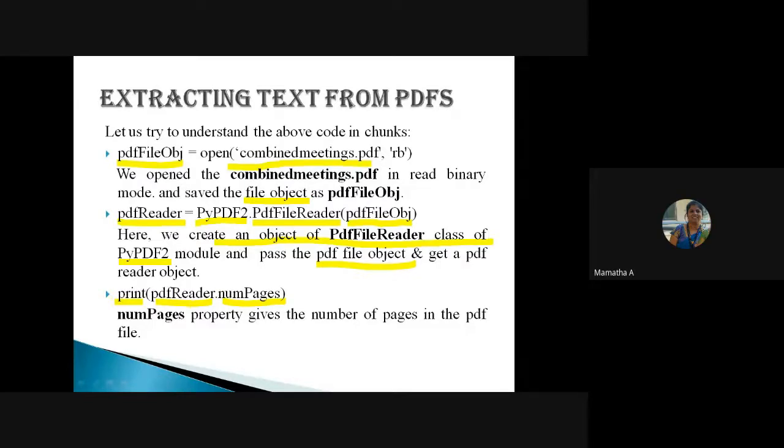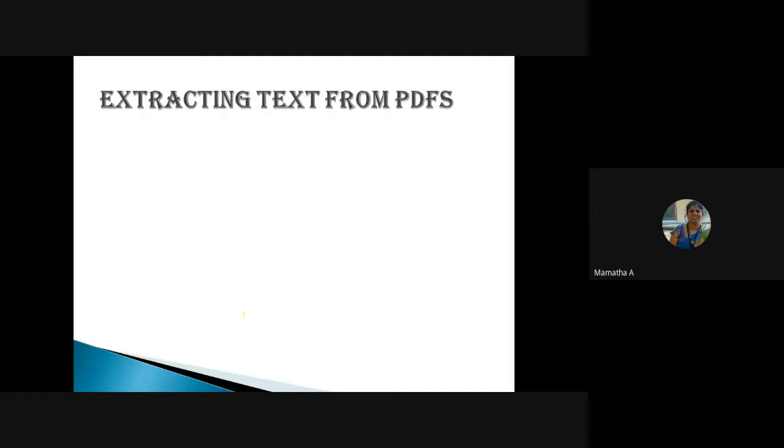So num pages is nothing but a property which gives the number of pages in the PDF file. For example, in our case, it is 40. So when you execute, you can note this. The next is, I still did not extract the text. I just told the number of pages, that's all.